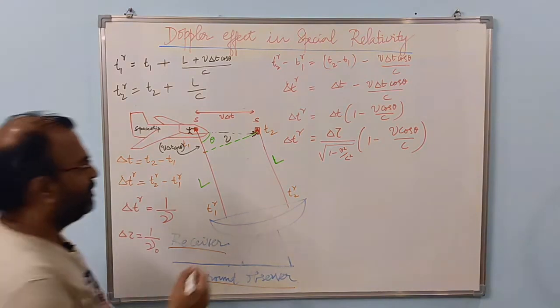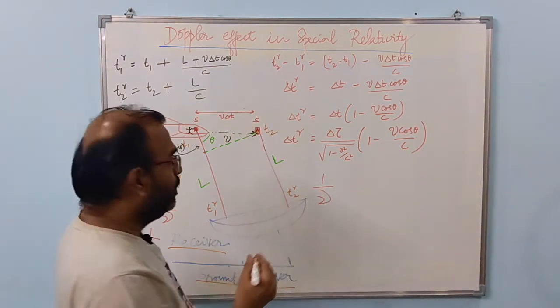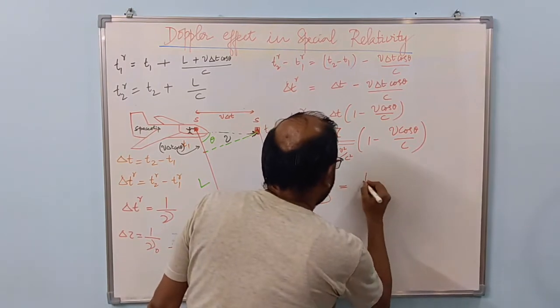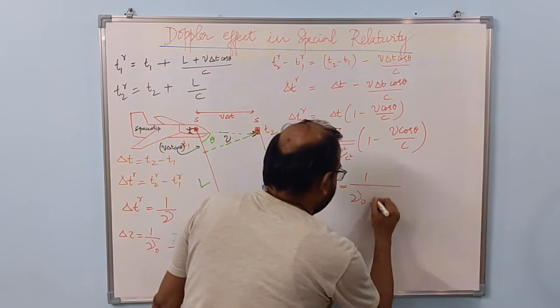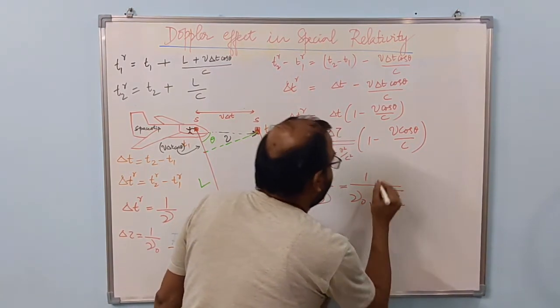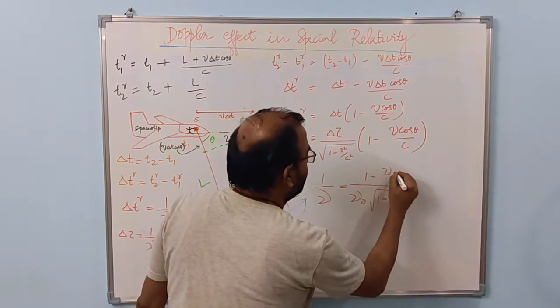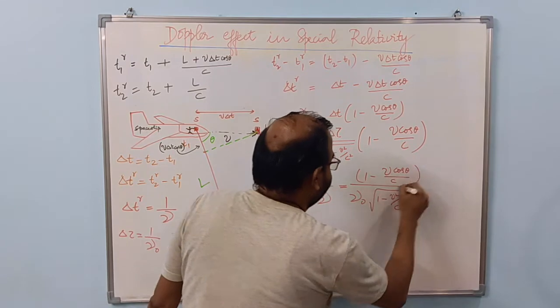So we are going to continue writing this in terms of frequency, 1 over nu is equal to 1 over nu naught multiplied by square root of 1 minus v squared over c squared, and in the numerator we continue to have the 1 minus v cos theta by c term.